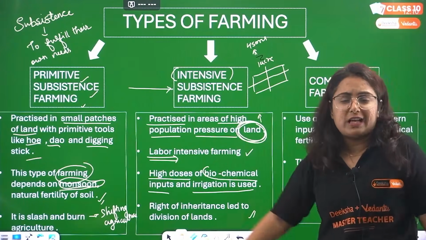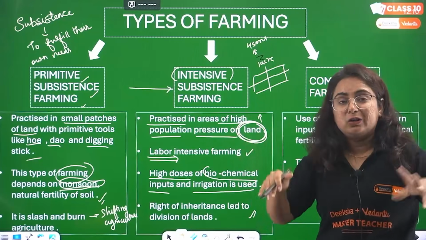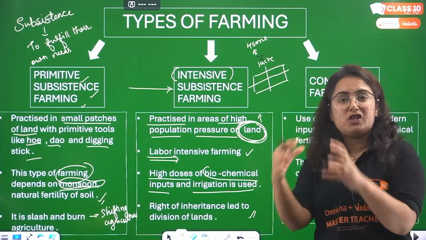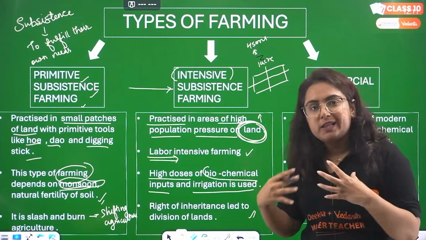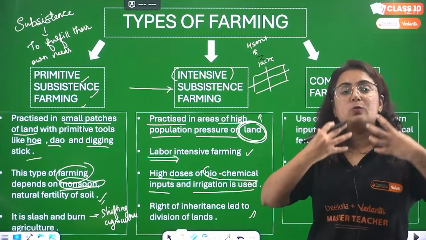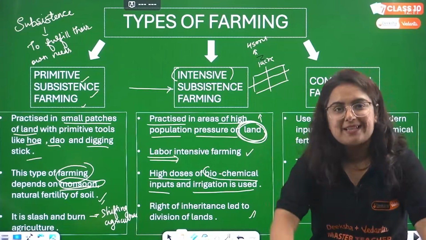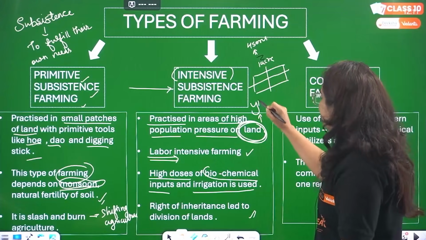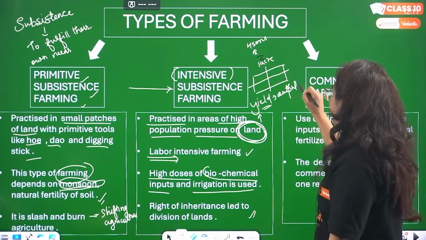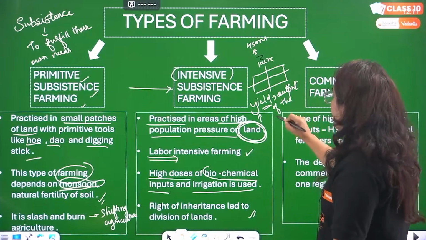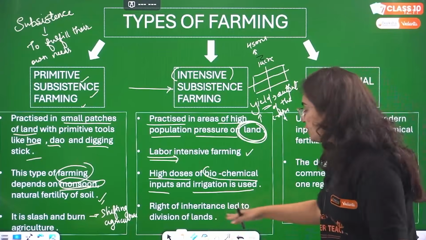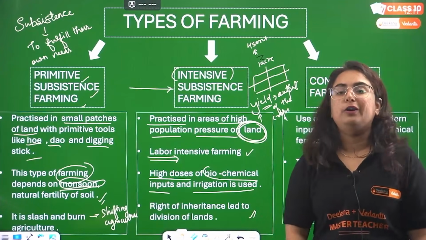All those 4 sons will have families, and on the same land, the population pressure or burden is increasing day by day. And hence, beta, we need to use certain methods to maximize the yield. Maximize the yield, that means the output of the crops, right? Understanding or not? Okay? This is how the right of inheritance leads to the division of lands.